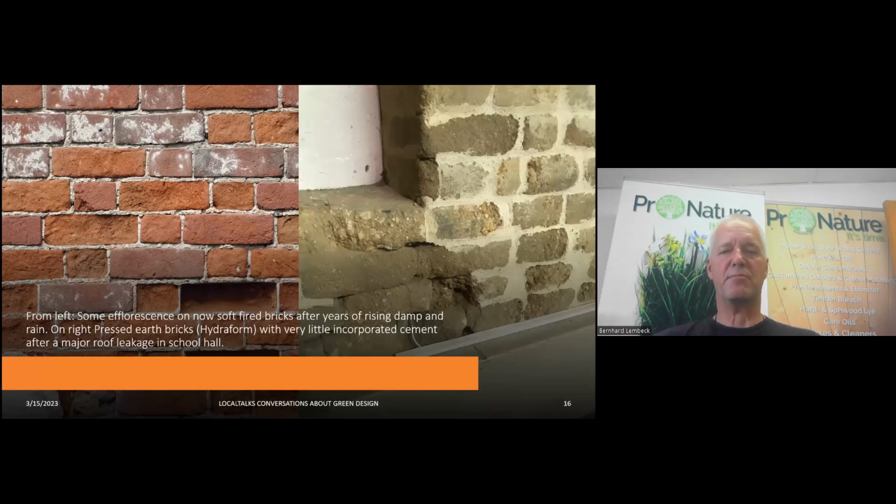These earth blocks had just a minimum amount of cement added. I think the school was built in 2002 or something, so they lasted for a very long time until that roof gave problems, and yeah, it looks like a very sad affair. So I mean, a breathable coating, I think in this particular case, wouldn't even have helped.